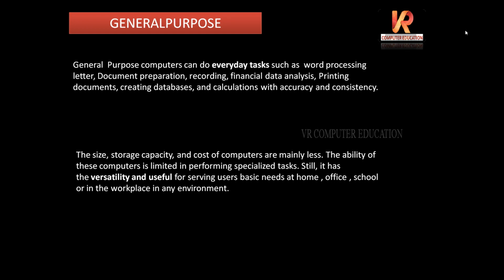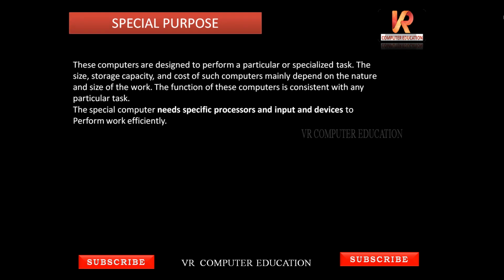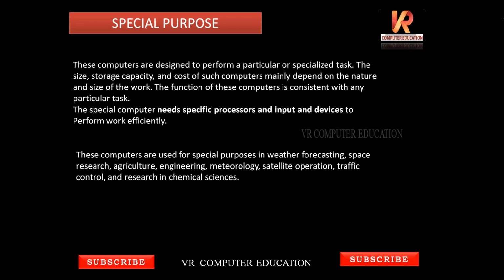Next, special purpose computers. In the name itself, they will work specially, right? These computers are designed to perform a particular or specialized task. The size, storage capacity and cost of such computers mainly depend on the nature and size of the work. Sometimes we say this is specially designed for this particular task, not for all tasks. Those computers are considered special purpose computers.